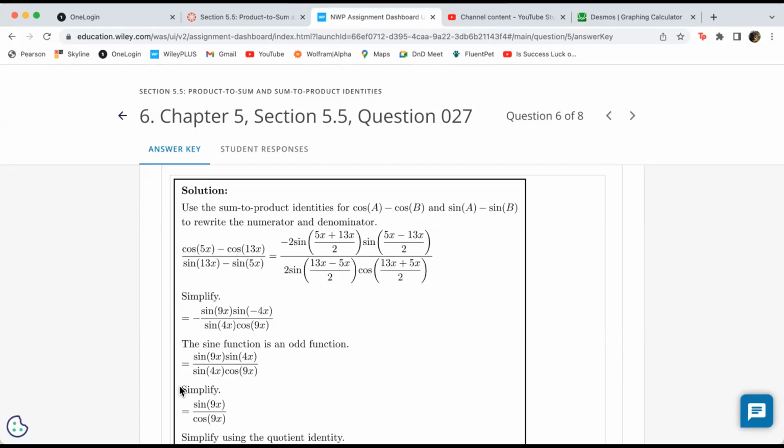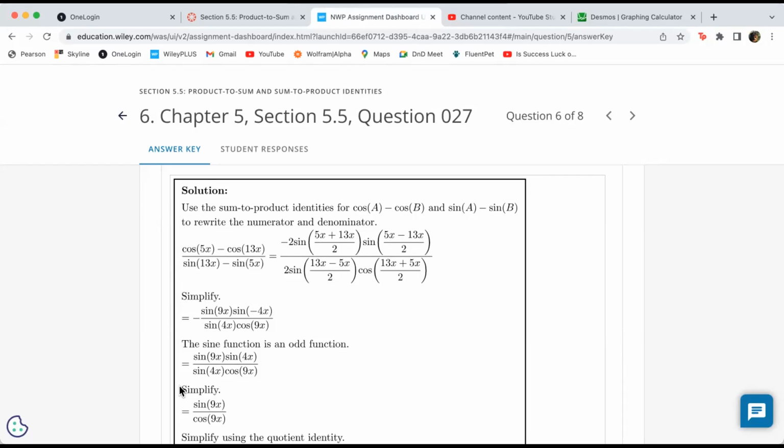The reason that makes us think of sum to product identities is the fact that we have cosine of 5x and also cosine of 13x. We have trig functions of 2 different arguments. We're trying to combine 2 trig functions with different periods. That's what makes us think of sum to product identities.